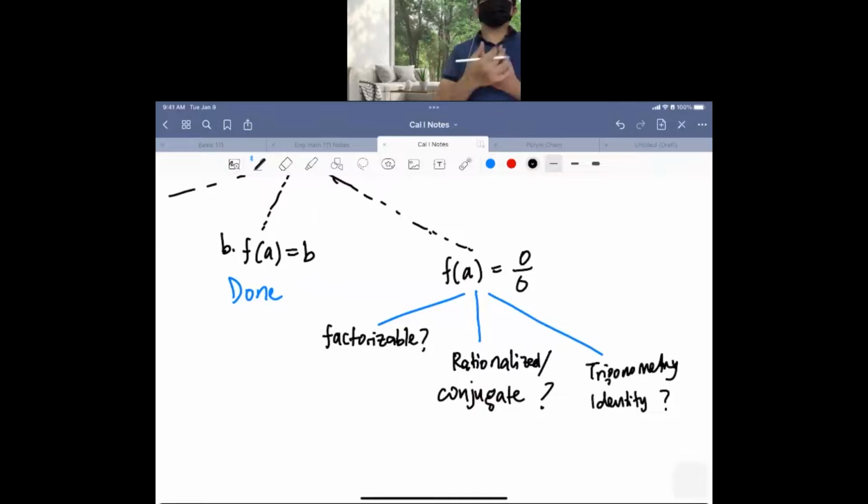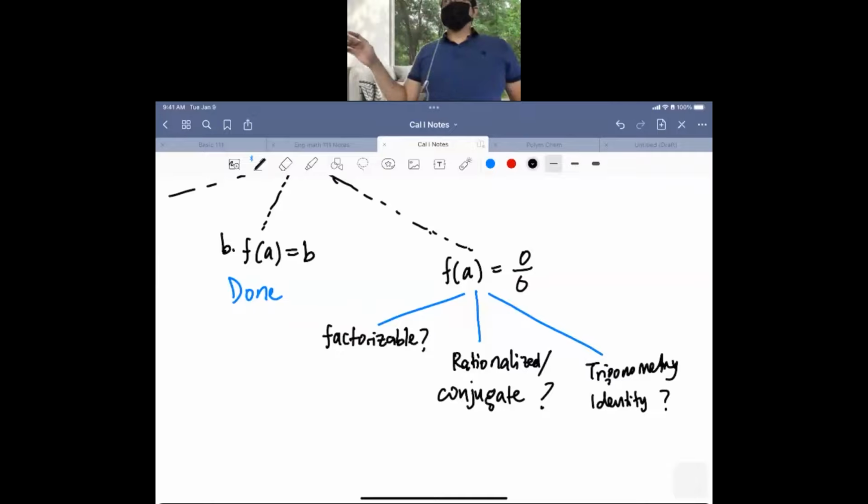So either we can factorize and then simplify the function, or we can rationalize if it has a square root like square root of x minus 3, by multiplying with its conjugate. Or if it's trigonometry, we can use some identity and then maybe simplify.